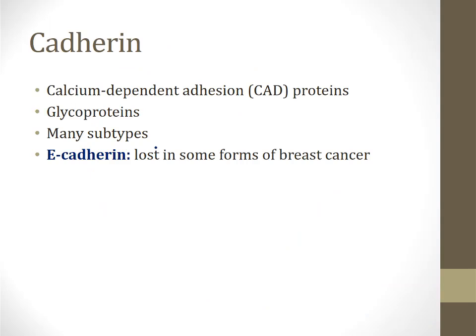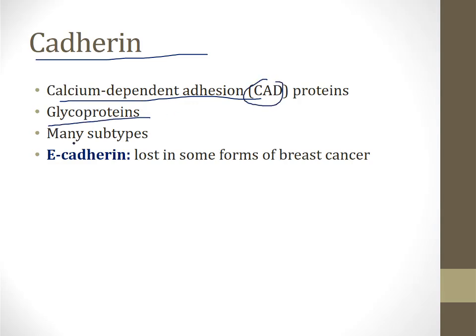Most of the science of epithelial cell proteins and junctions does not have a lot of clinical relevance. This is mostly something that's important in the research world as people try to understand how cells link together. But I do want to point out one clinical correlation here, and that has to do with cadherin. Cadherin is a protein that gets its name because they are calcium-dependent adhesion proteins. That's where the word cad comes from.